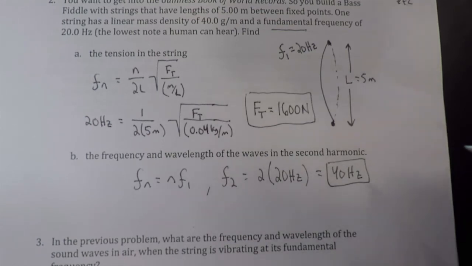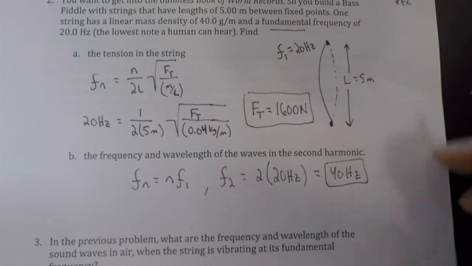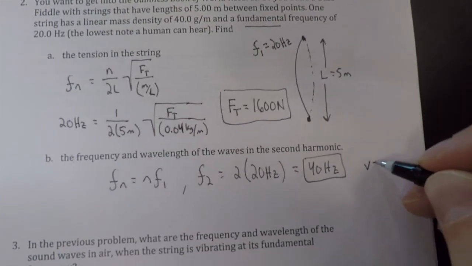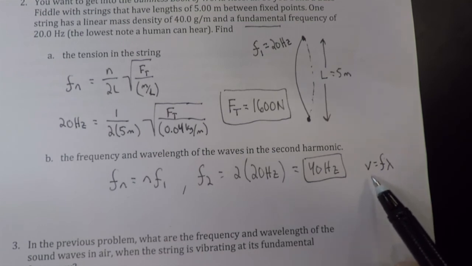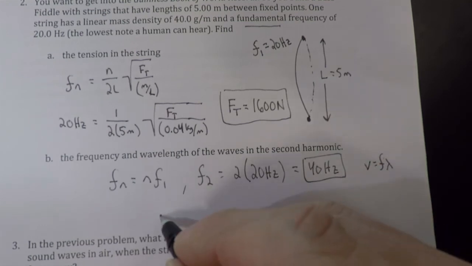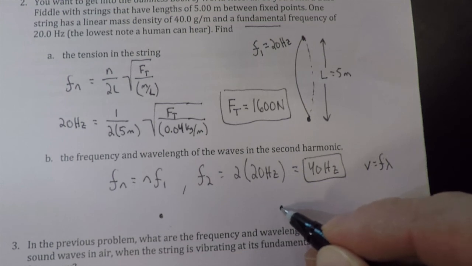Okay. And then we need to find our wavelength in this case. Now I could, if I wanted to, use my speed equation, v equals f lambda, and I'd have to use this equation to find the speed of the wave in the string. What I like doing is just drawing the picture. I think I can figure it out from this.